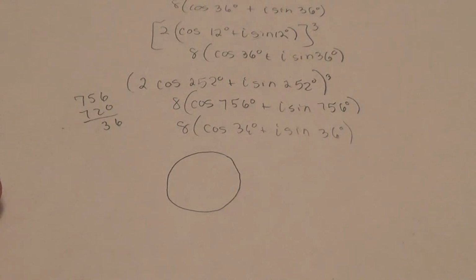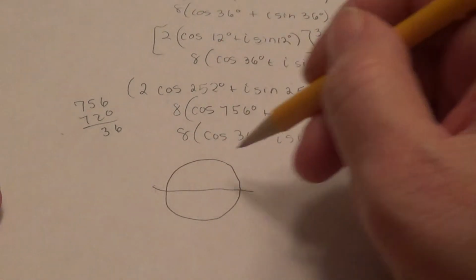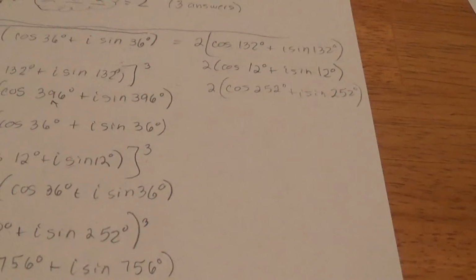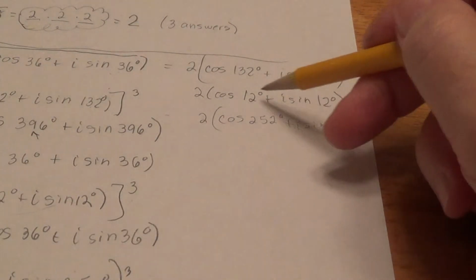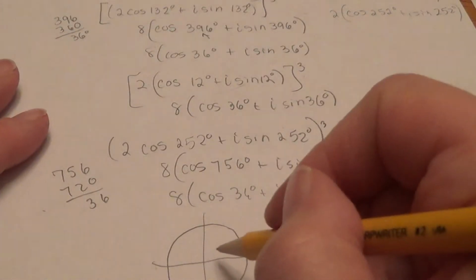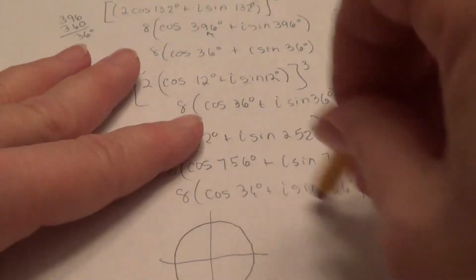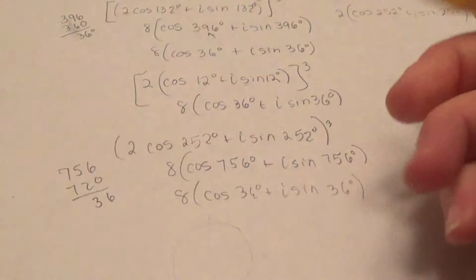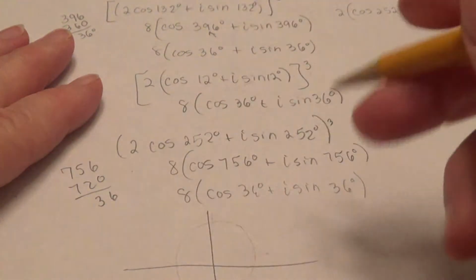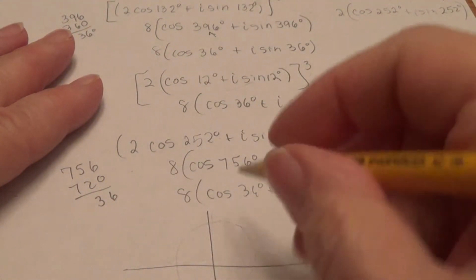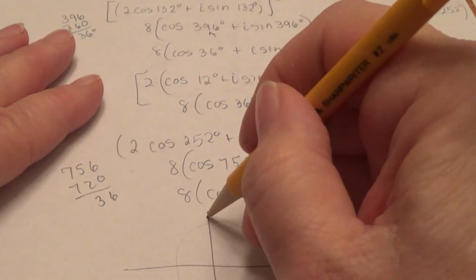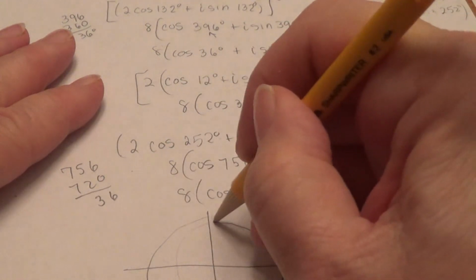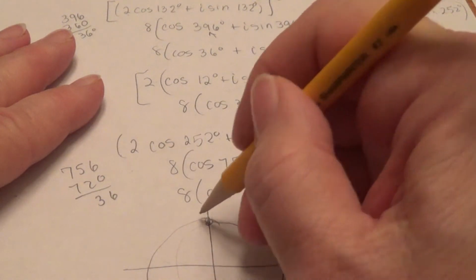All right, if I graph those 3 answers, I have 2 cosine 12 one first. Say that's not the unit circle, forgive me, because the modulus is 2, so it's going to be 2 away. So on the complex plane, let's say that this is a circle with radius 2 instead of a unit circle.